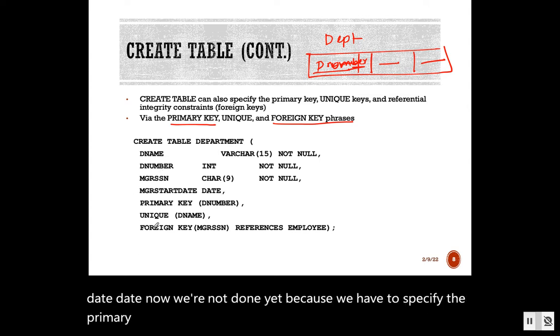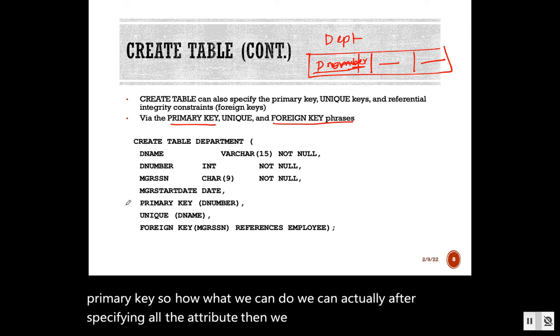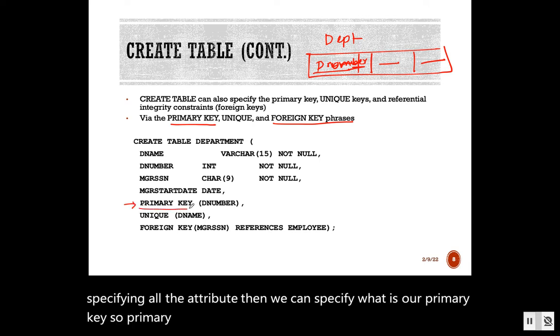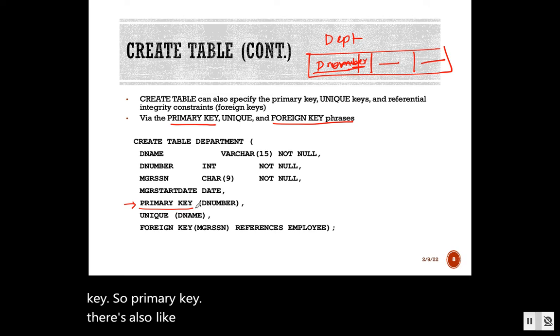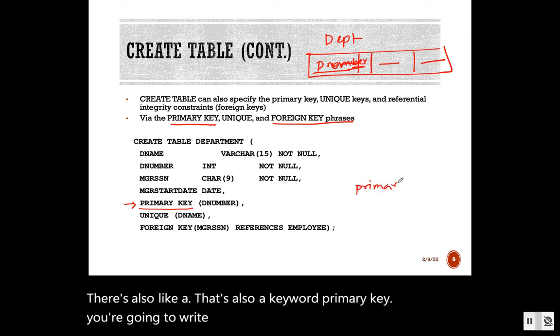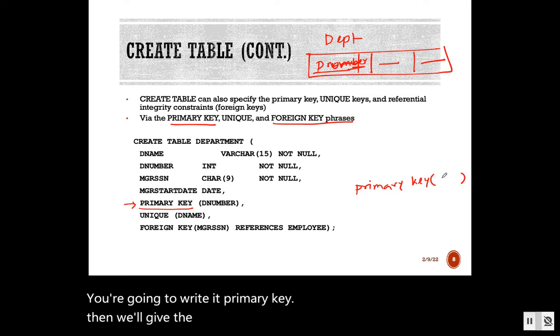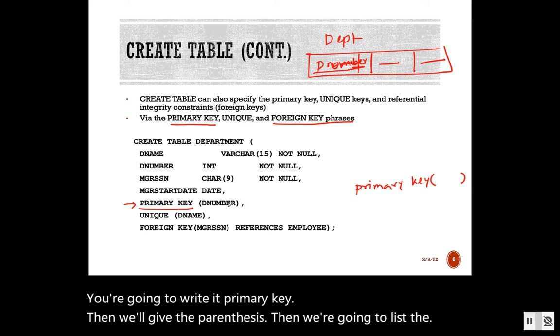So after specifying all the attributes, we can specify our primary key. Primary key is also a keyword. We're going to write it like primary key, then we give the parenthesis, then we list the attribute or set of attributes.